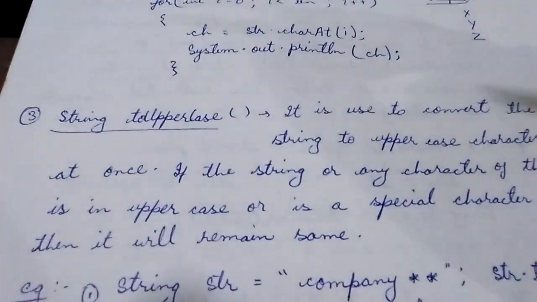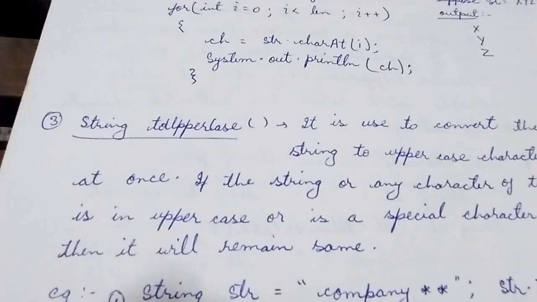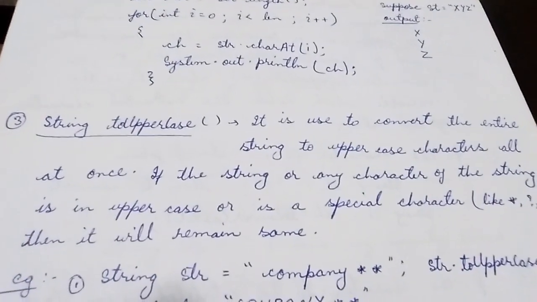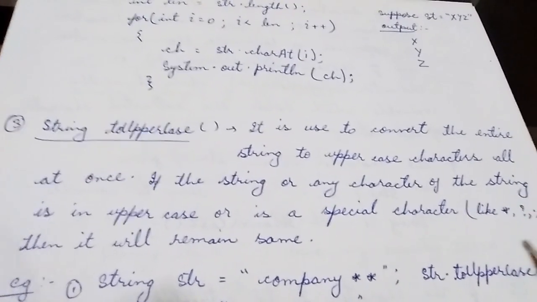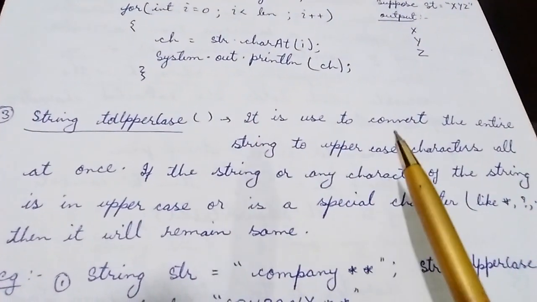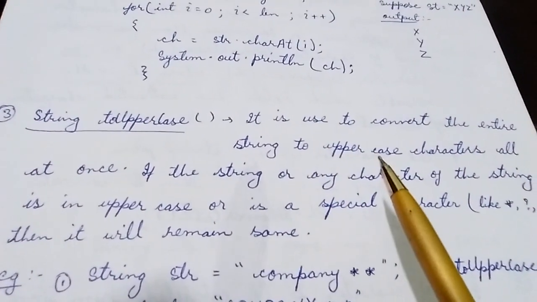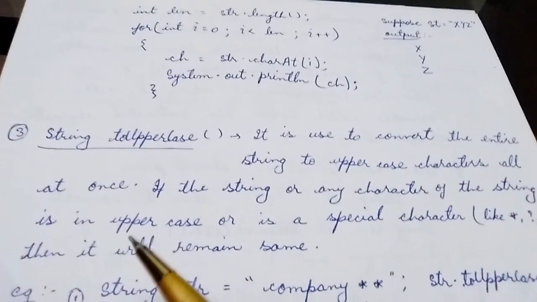The next function is string toUpperCase. We have seen that toUpperCase and toLowerCase are present with characters also. It is used to convert the entire string to uppercase all at once.